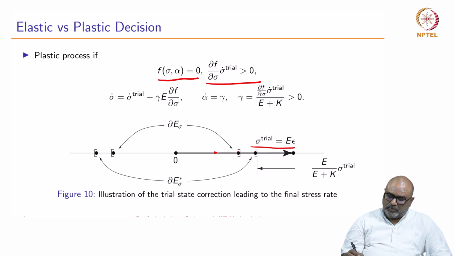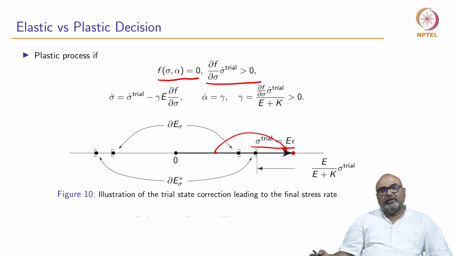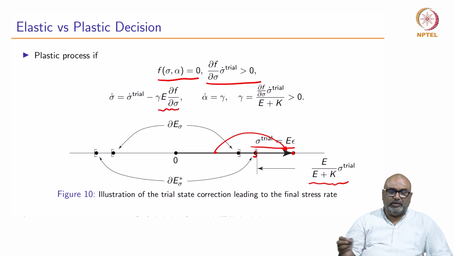So, essentially what is happening is you move outside the yield surface from a point that is inside it. When you move outside the yield surface, you want to correct it back by bringing it back onto the yield surface. So, you make this correction that is coming from gamma times E times dou f by dou sigma.